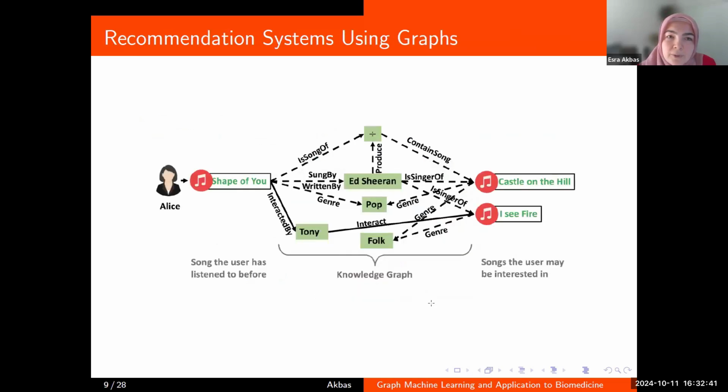Even for recommendation systems, we use knowledge graphs, which many companies now use. They define different entities and the relations between them. For a song, we have a genre as a type, and we have the singer as another type. With all these complex relations, we can make better recommendations for users.